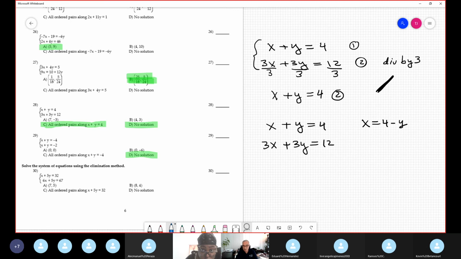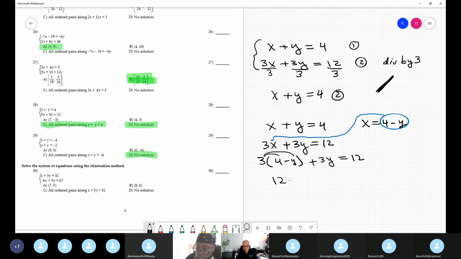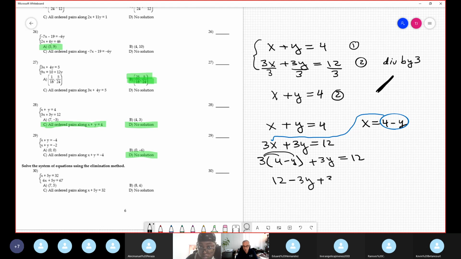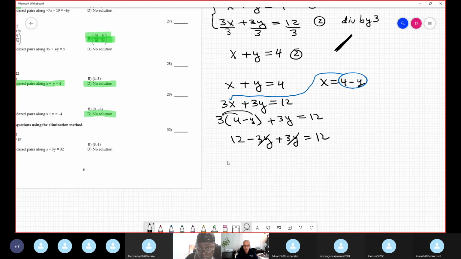Then you take that expression and substitute it in the other equation in the place of x. So it is 3 times (4 minus y) plus 3y equals 12. Apply the distributive property: 12 minus 3y plus 3y equals 12. This cancels out. I try to do my best, however I cannot solve for y. However, I get the true statement that 12 equals 12, which indicates that yes, we have solutions.